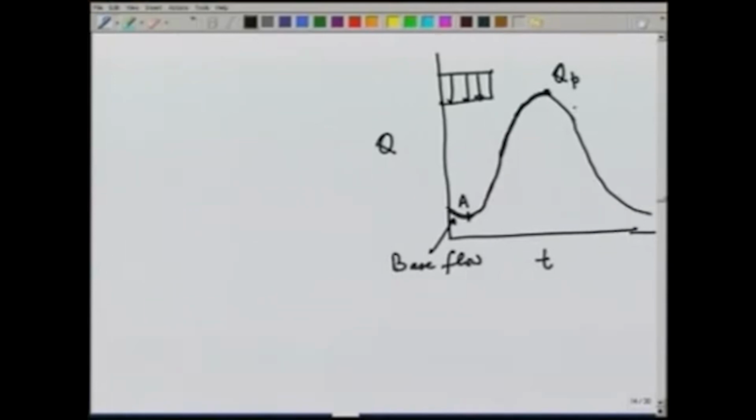Now, this portion of the curve is called the rising limb, or sometimes even the concentration curve.